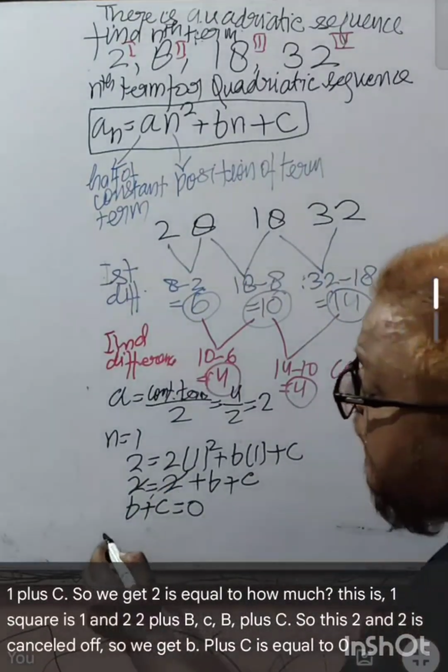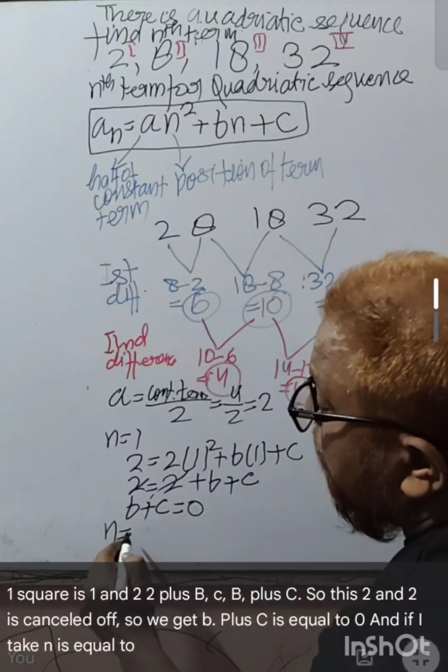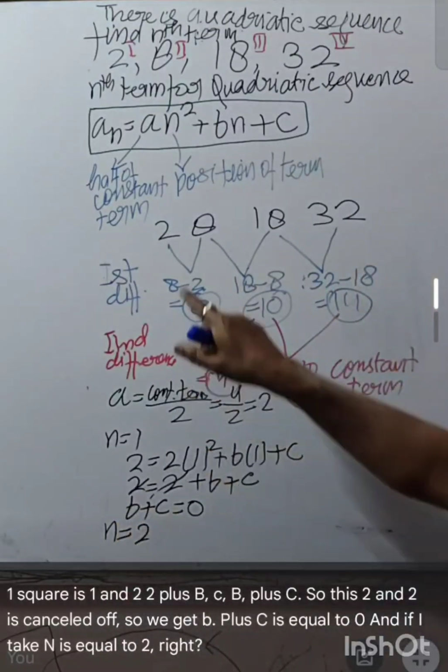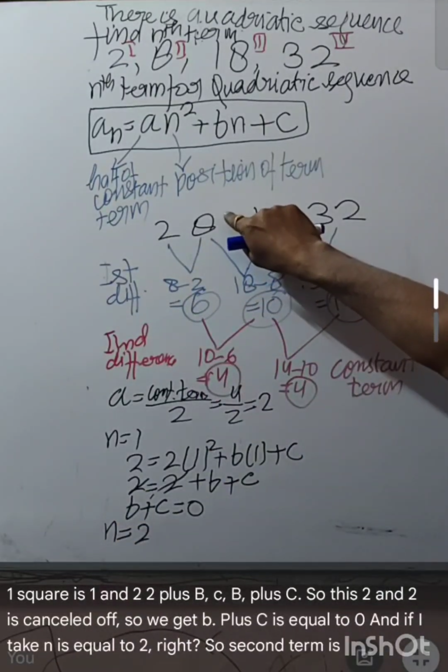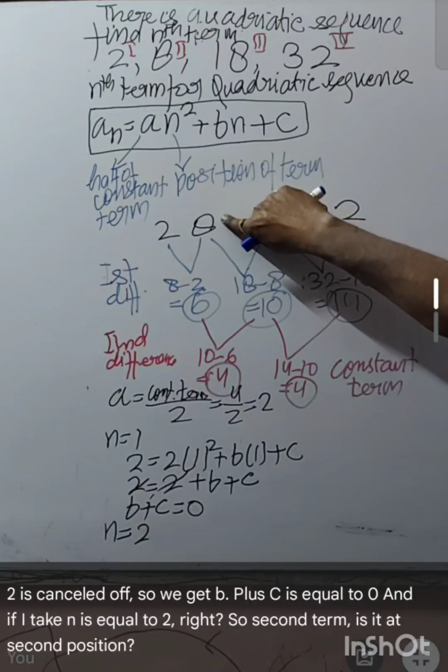And if I take n is equal to 2, the second term, at the second position, is 8.